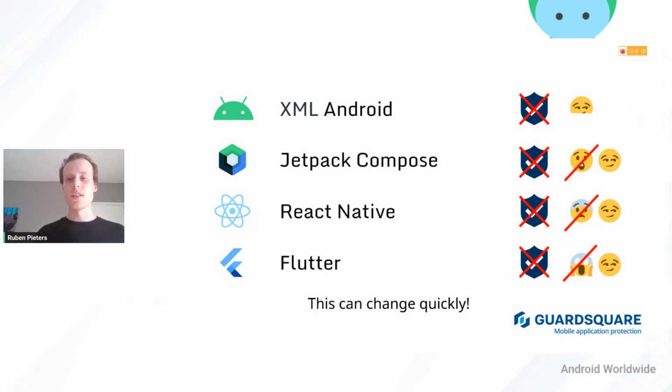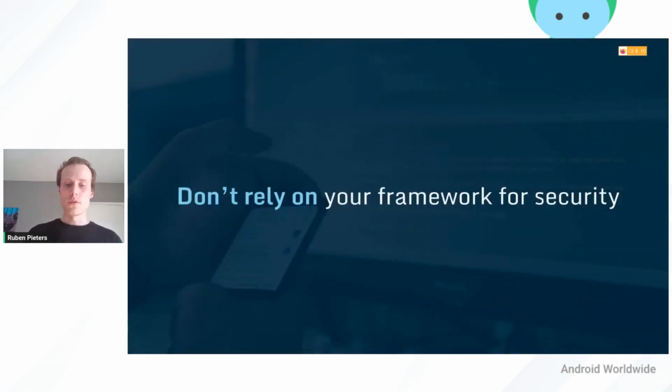So I can show you tools or techniques that exist today, but as frameworks become more and more popular, more and more of these tools get created. One takeaway that I want to give here is to not rely only on your framework for security.